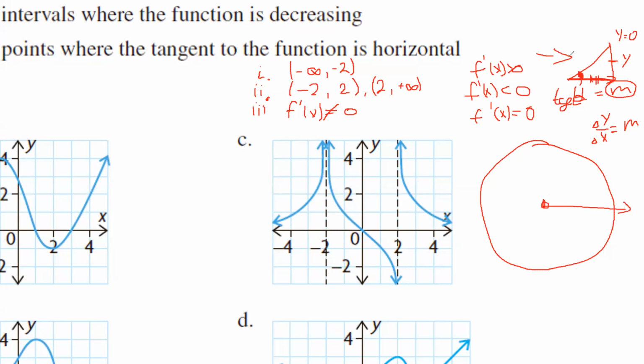But what would happen if y is so big? So I'm getting literally a 90-degree angle here. If I get 90 degrees, the tangent of a 90-degree angle equals infinity. And that's what's happening here.